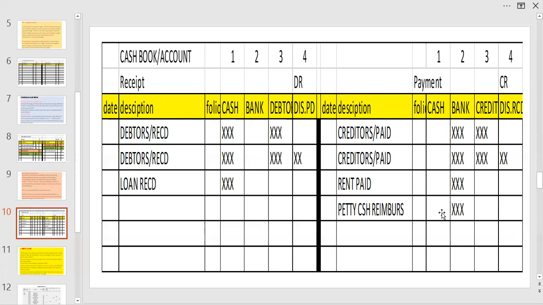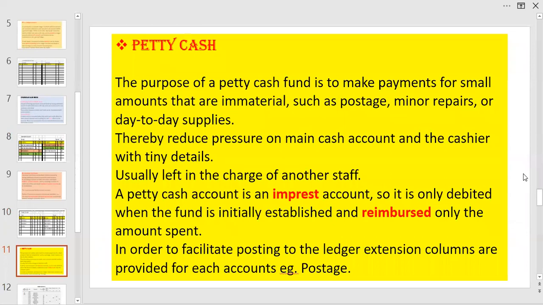Next one, a petty cash book or account, a further extension from the cash book. The purpose of a petty cash book is to make payments of small amounts that are immaterial, such as postage, minor repairs, and day-to-day supplies, thereby reducing the pressure on the main cash account and the cashier with small details, usually left in the charge of a staff other than the cashier.